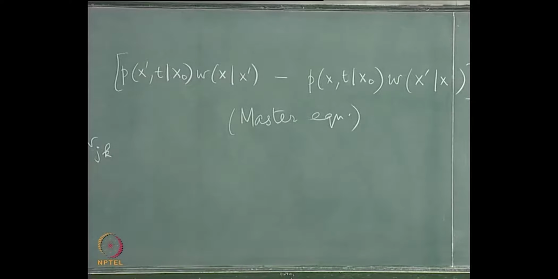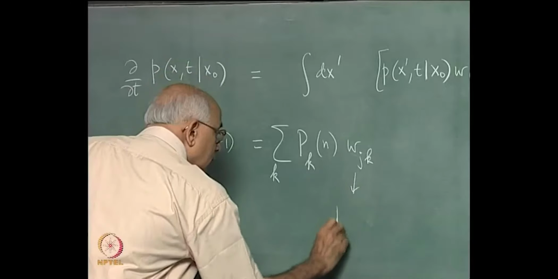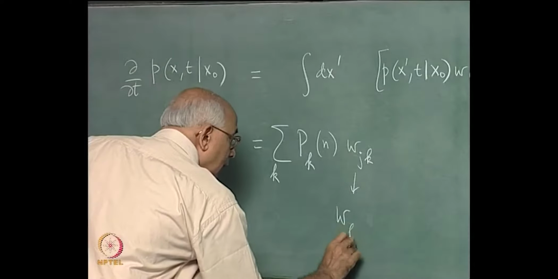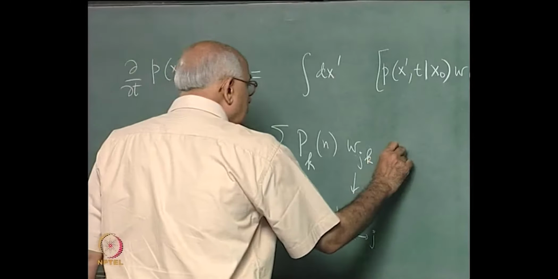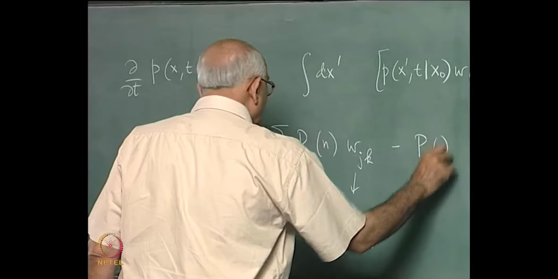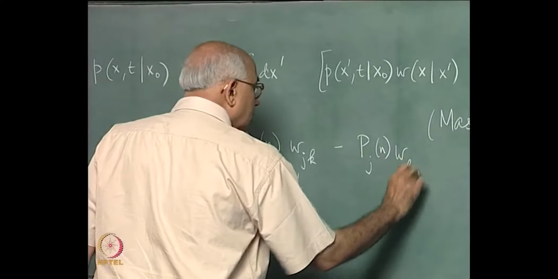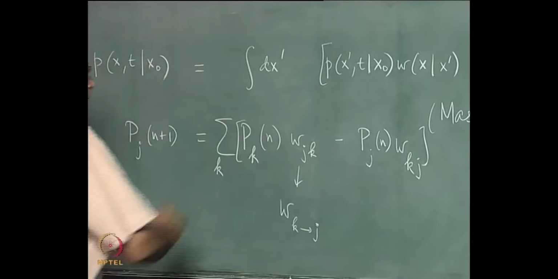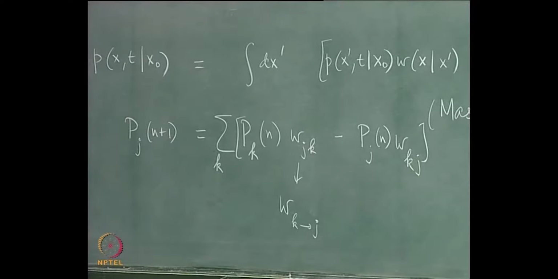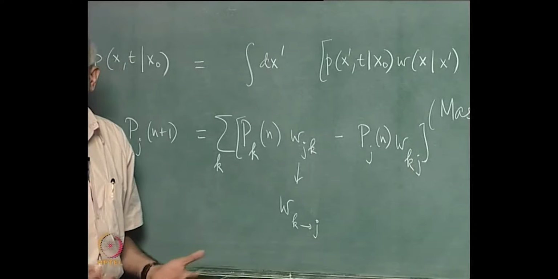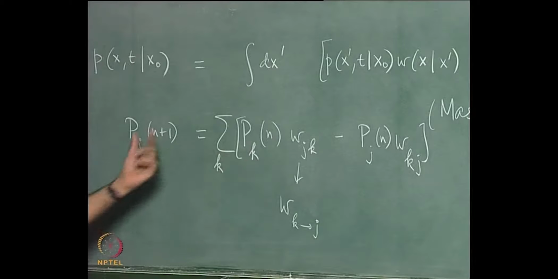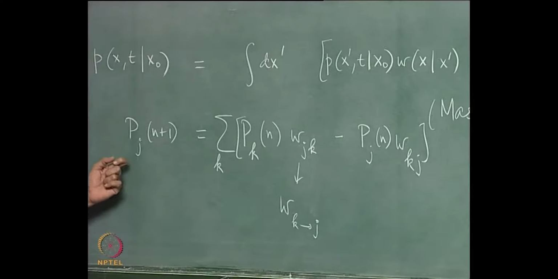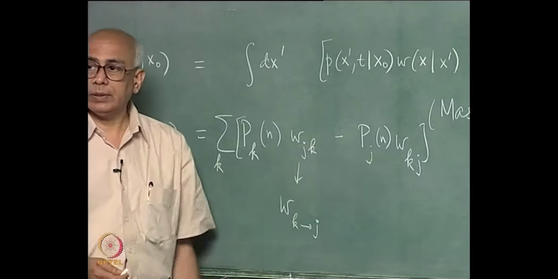This is the gain term, so this stands for the transition probability from k to j, minus p j of n w k j. So again this is now in the form of a rate equation. It really is telling you that here is the gain term which contributes to the probability in state j, and this is the loss, the rate of loss.